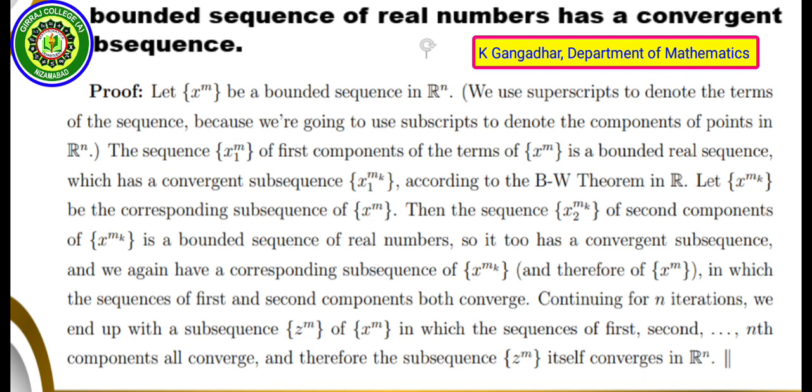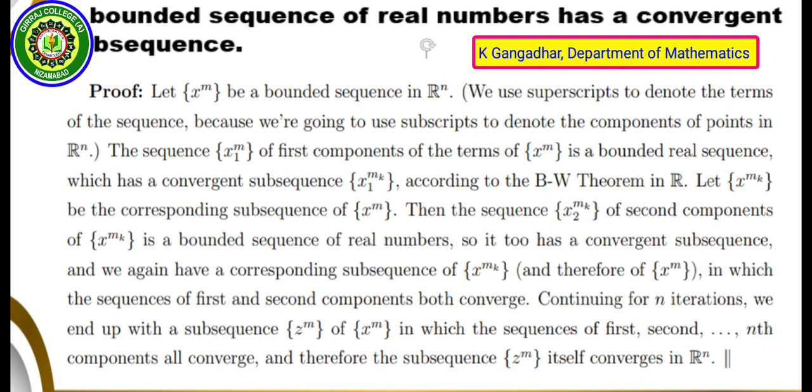This way we define x1^mk, x2^mk, and so on. These subsequences are all convergent and bounded. So we again have corresponding subsequences of x^mk, and therefore in x^m the sequences of first and second components are both convergent.